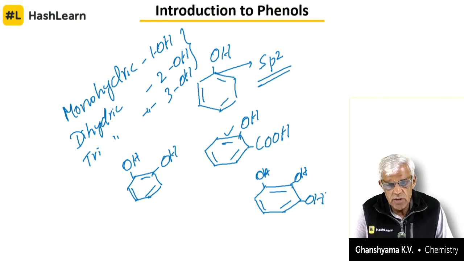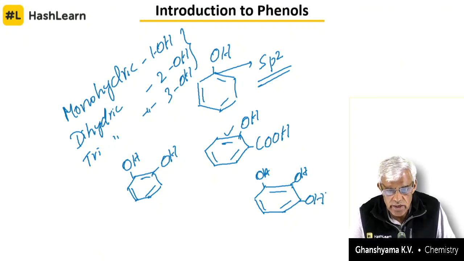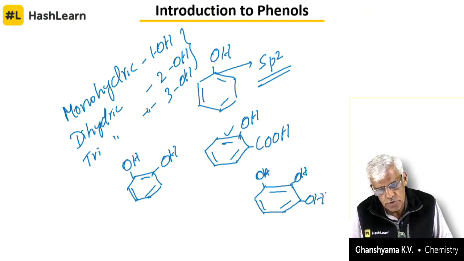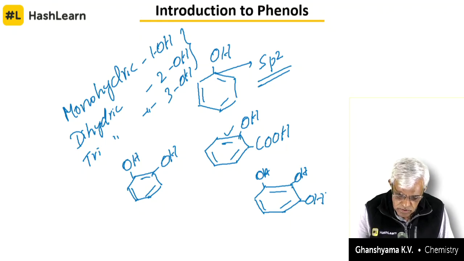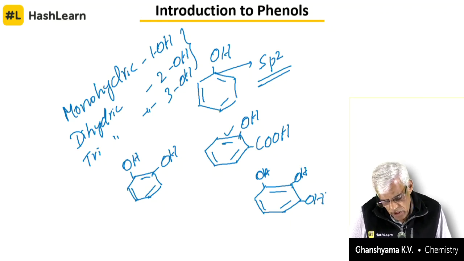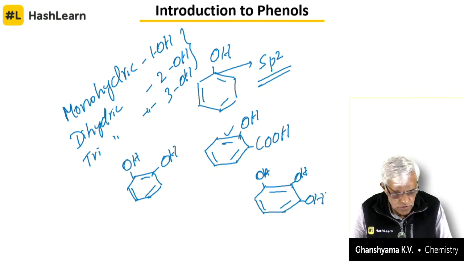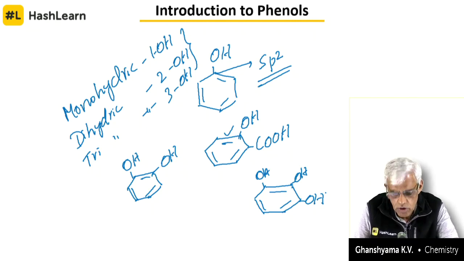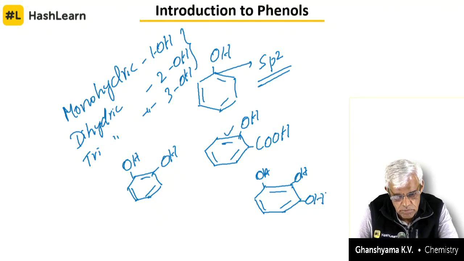Now, we shall see in what way phenols are different from alcohols. This is trihydric phenol, one which contains 3 OH groups, and all the 3 OH groups are connected to sp2 hybridized carbon atom.